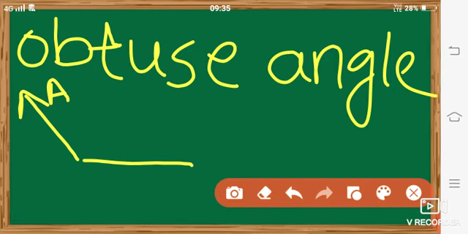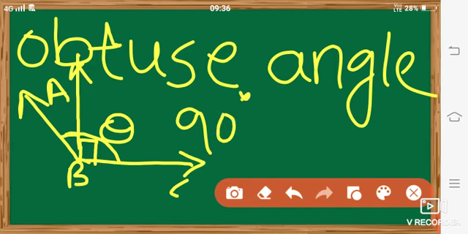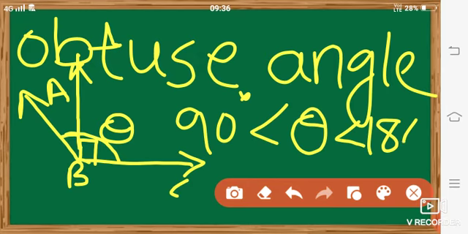This is line segment AB, and this is line segment BC. Then we have the theta value here. This value is greater than 90 degrees. Where is 90 degrees? This is 90 degrees, but this value is greater than 90 degrees. So this is an obtuse angle: greater than 90 degrees and less than 180 degrees. This is called an obtuse angle.